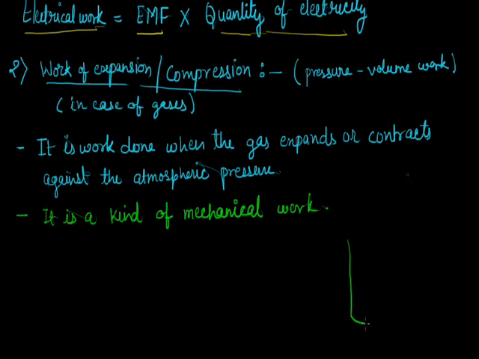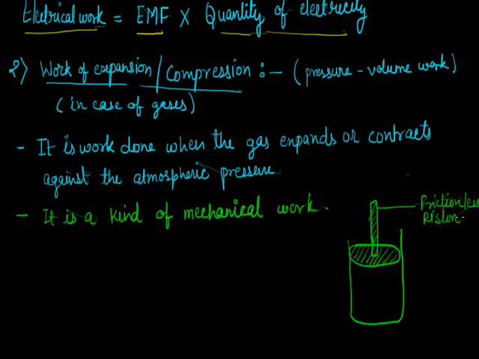For example, if we take a beaker or a jar and we keep a frictionless piston on this jar, when we apply some pressure, compression occurs. The gas will be compressed.